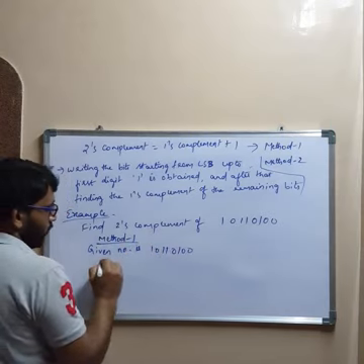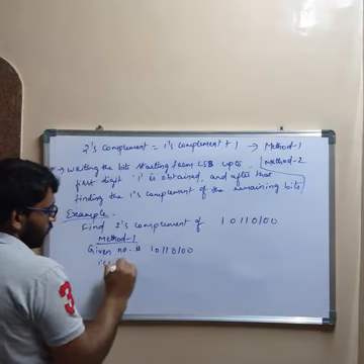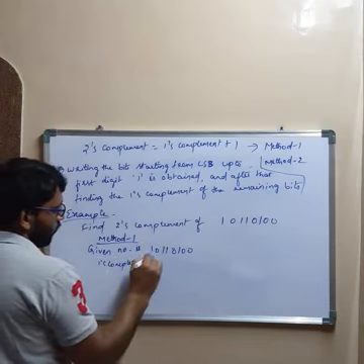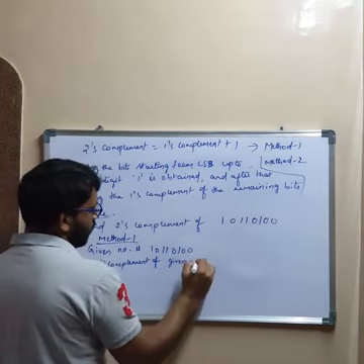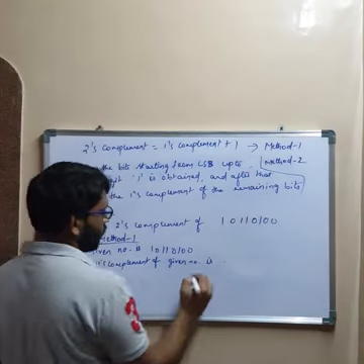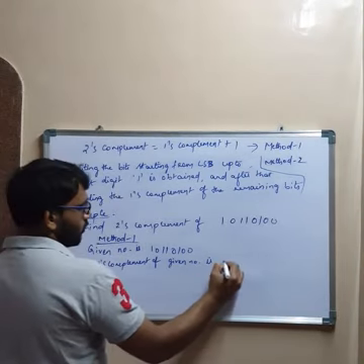The 1's complement of the given number is obtained by changing zeros to ones and ones to zeros.